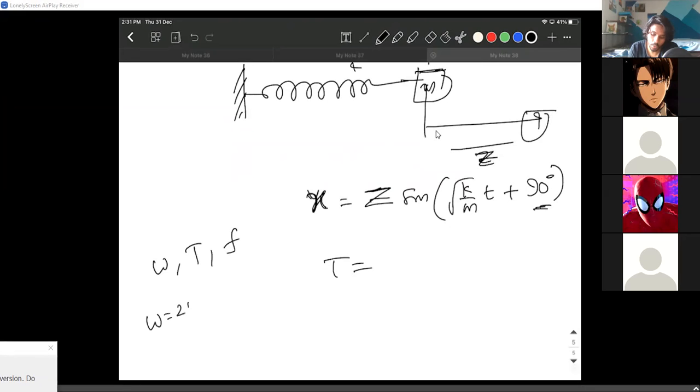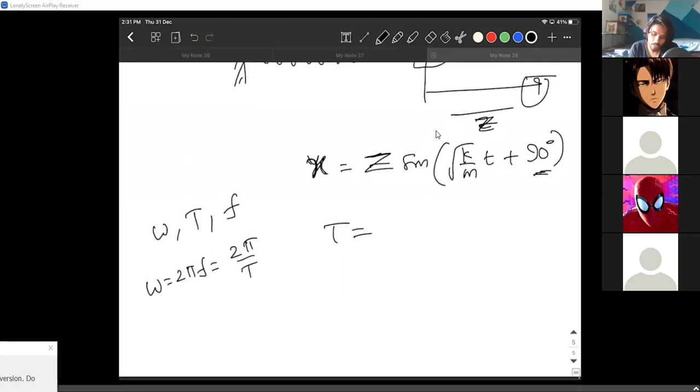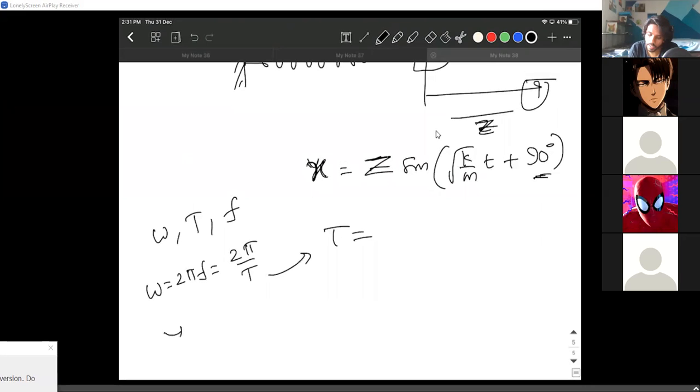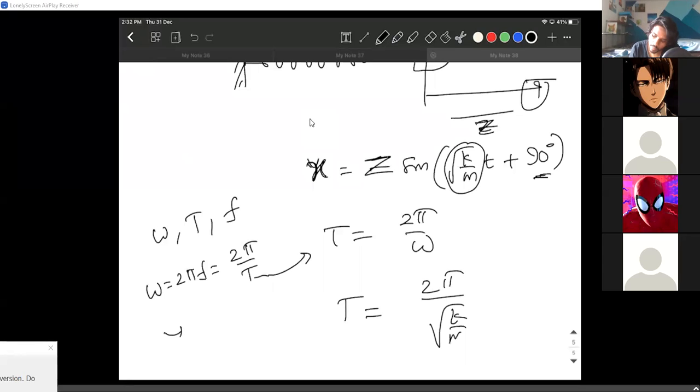Omega equals 2 pi f or 2 pi by T. So from this I can write time period equals 2 pi by omega. We already know the omega value, so time period equals 2 pi root over m by k.